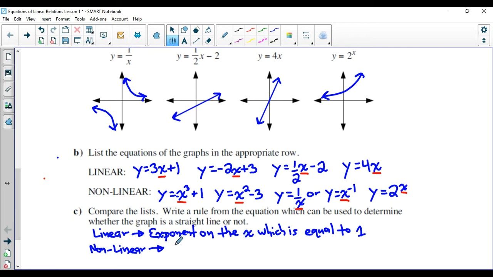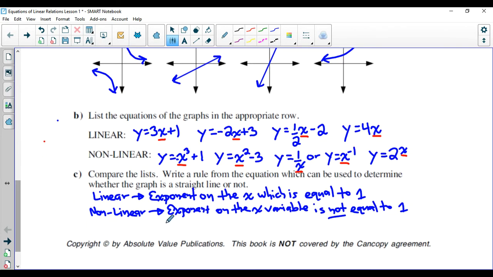So for nonlinear, we can say the exponent on the x variable is not equal to 1, or the x variable itself is the exponent.